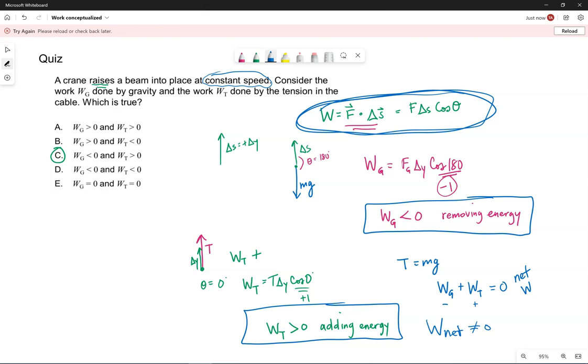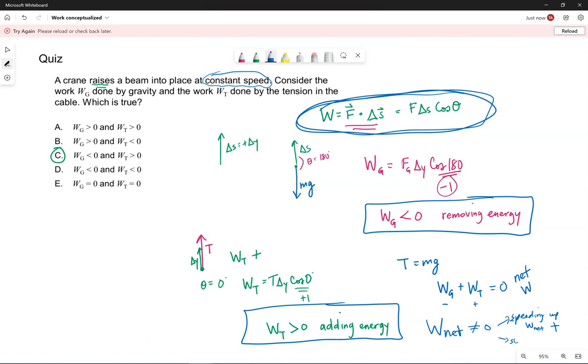If the beam is speeding up, this net work will be positive because there will be more energy being put in, which means this kinetic energy, this energy of motion, will get bigger.